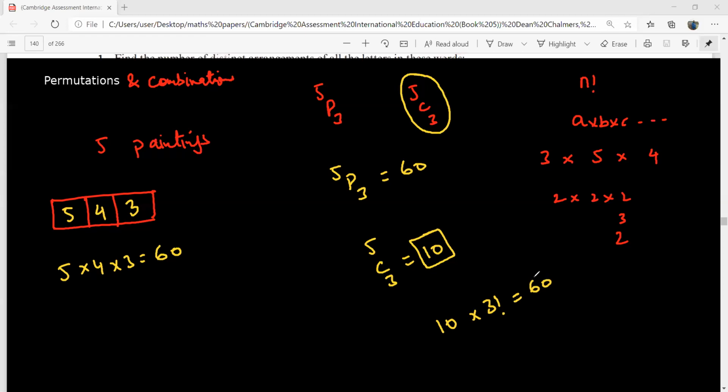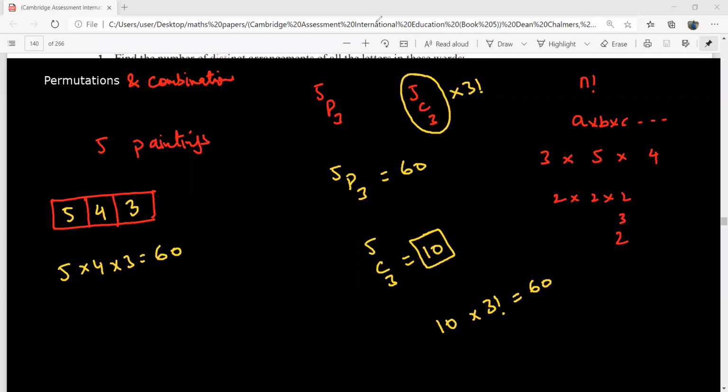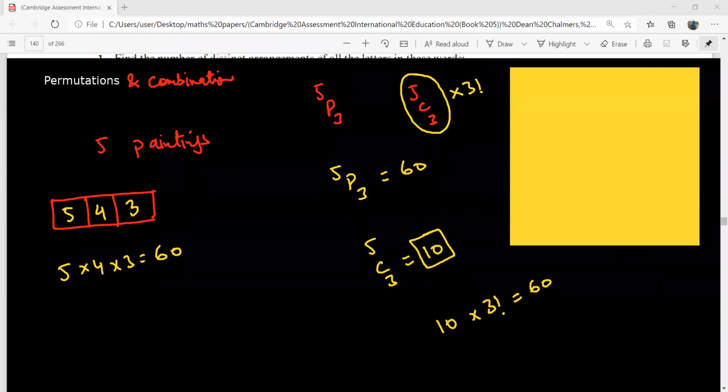Yes, sir. You do get 60. So you choose them and then you arrange them.